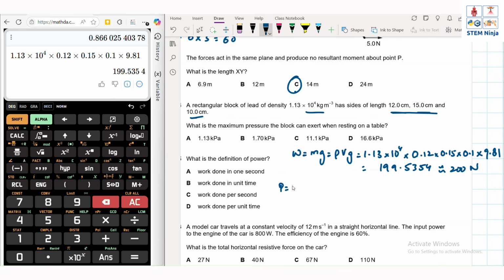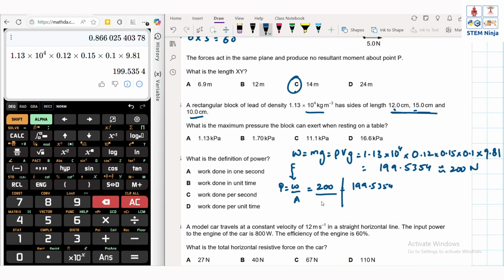So pressure is equal to the weight over area, because this is going to be the force over here. So roughly about 200 divided by, or like the 199.5354 over here. Now the cross-sectional area, we have to decide which one of them would be the most.